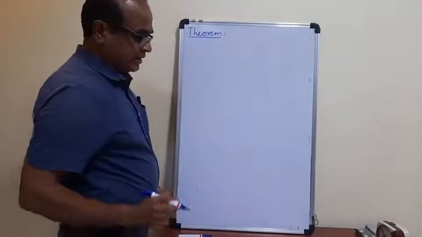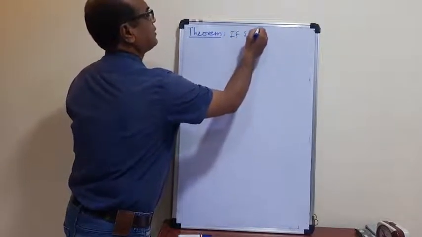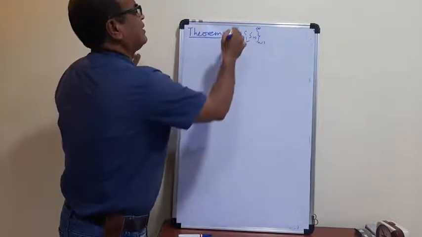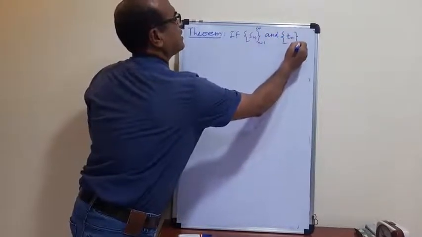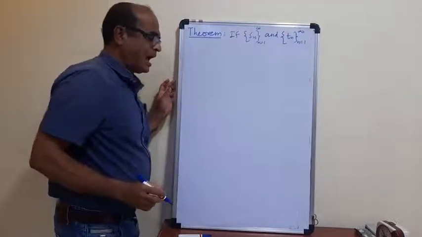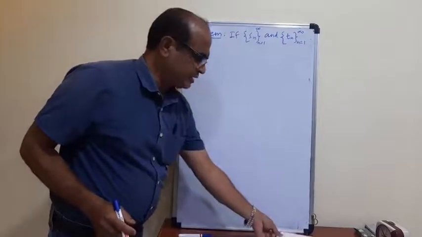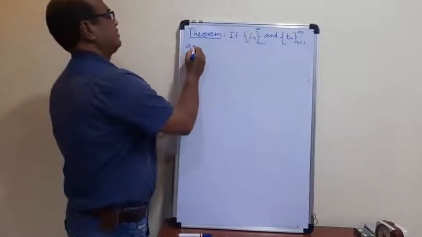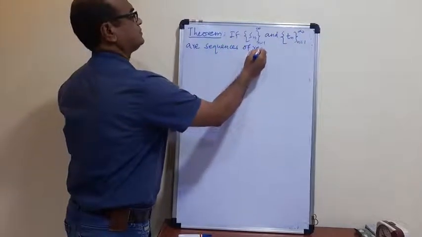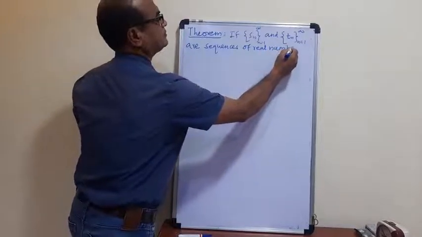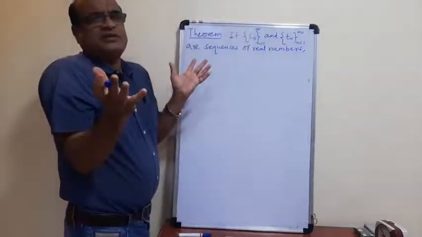Okay, so if Sn, n equal to 1 to infinity, and Tn are two sequences of real numbers, and those sequences are convergent, that is given here.